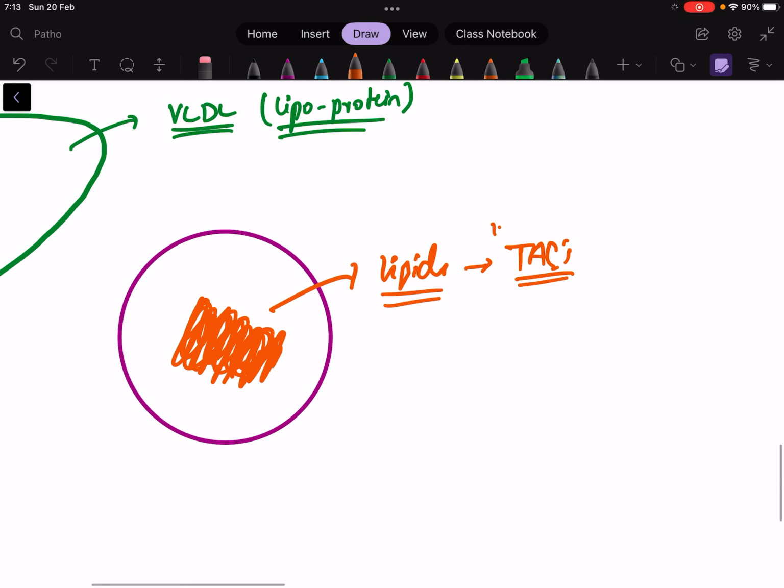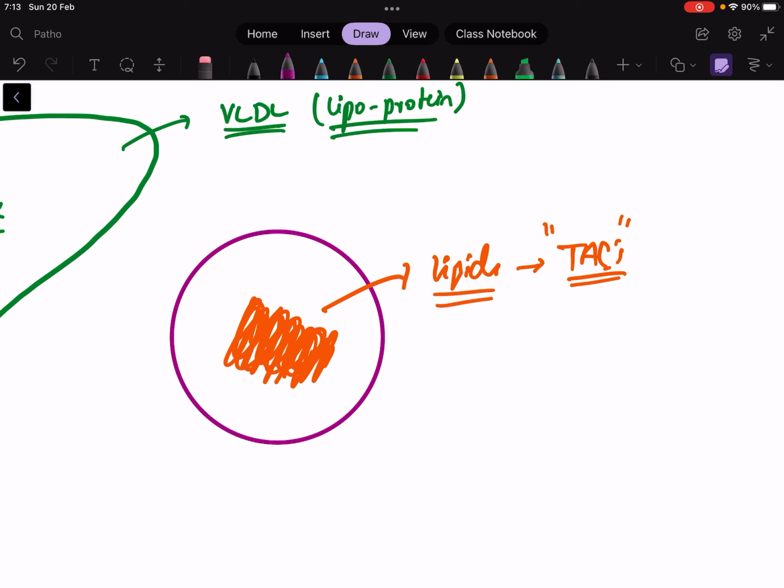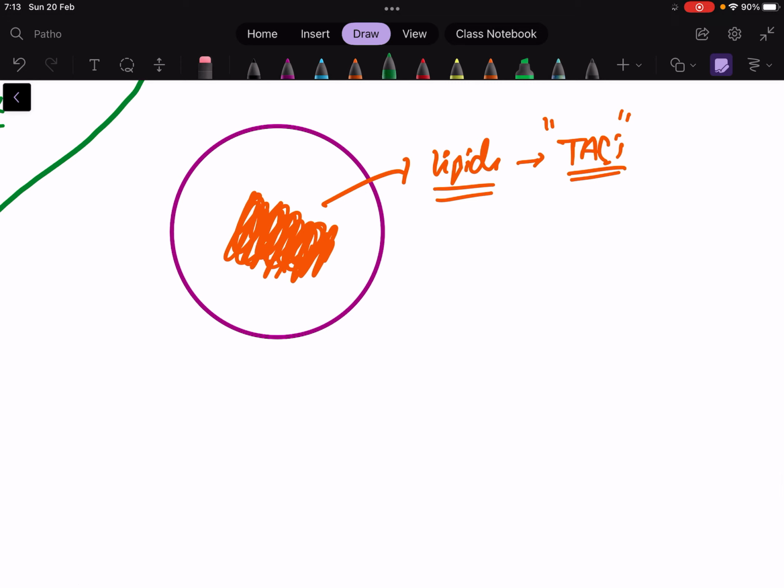Very low density lipoproteins and chylomicrons mainly transport the lipid called triacyl glycerol, and this very low density lipoprotein consists of a protein moiety. Suppose this is the protein moiety, and this protein moiety is called your ApoB100.